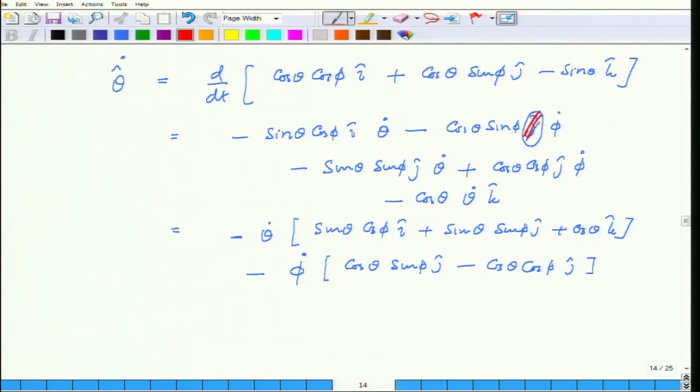Mistake here, I am correcting it with red, this was i. So this is going to be i.